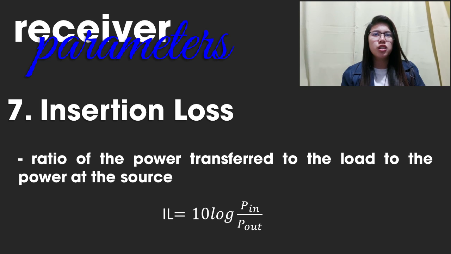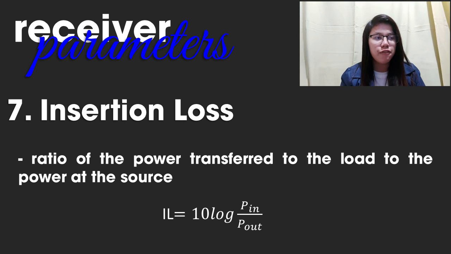In essence, insertion loss is simply the ratio of the output power of a filter to the input power for frequencies that fall within the filter's passband, and is stated mathematically in decibel as IL is equal to 10 log of Pout over Pin.